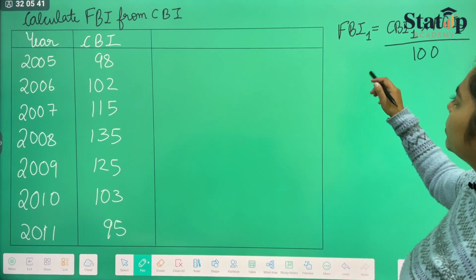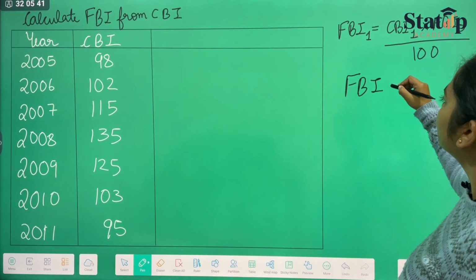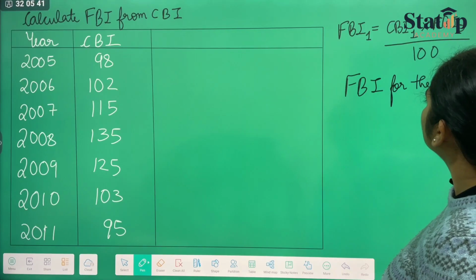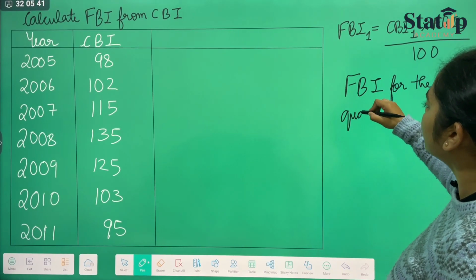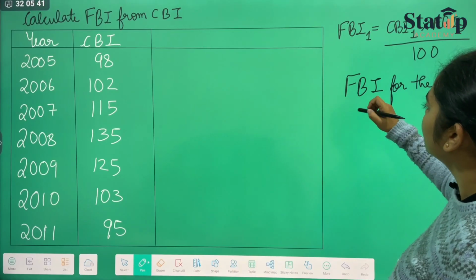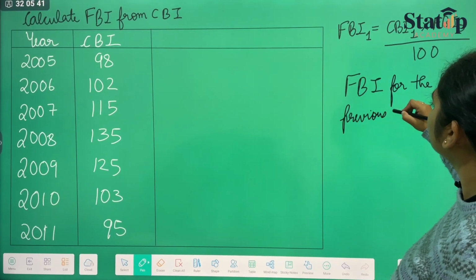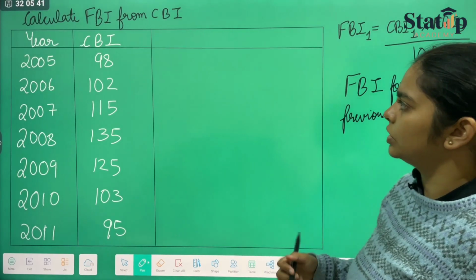And for the first year, the previous fixed base index is taken as 100. We all know this.